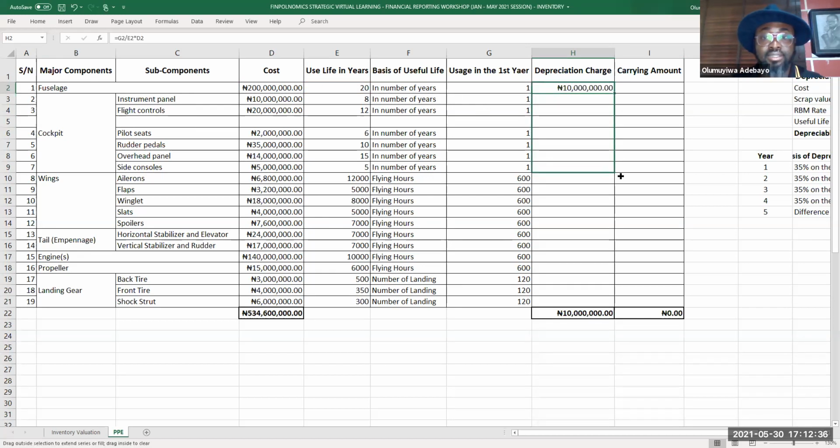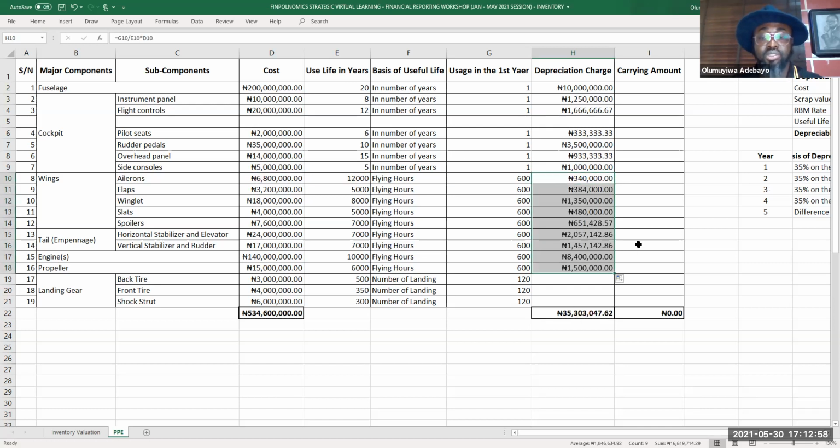And that is for each component part that is based on number of years. Now, flying hours that have been consumed is also a factor to determine what portion has been incurred as depreciation expense. Okay, and number of landings, out of the total landings expected.